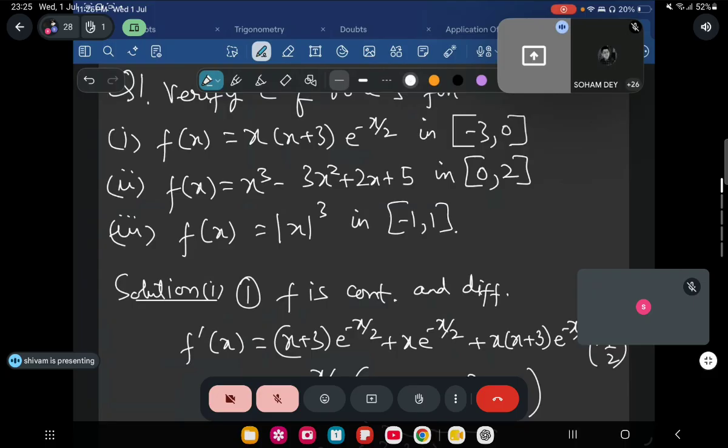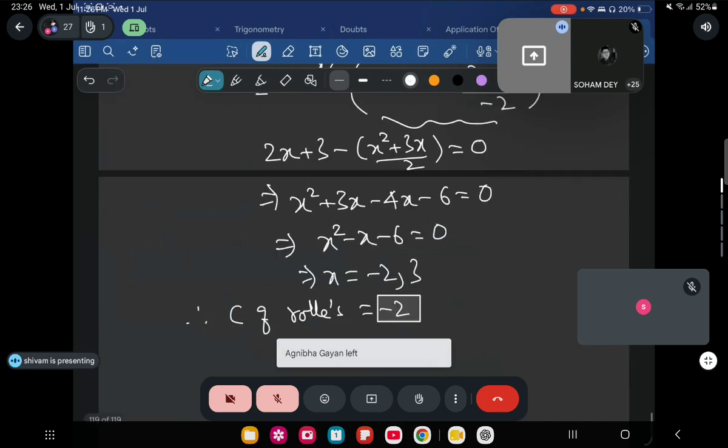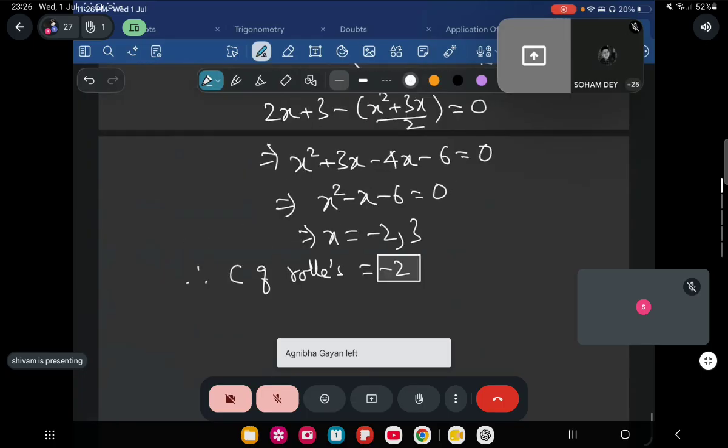Yashwangi, second one is correct. Adrito, part 3 is correct. And Adrija, part 2 is correct. Part 3 is also correct. Yes, Soham, what are you saying? Tell me.